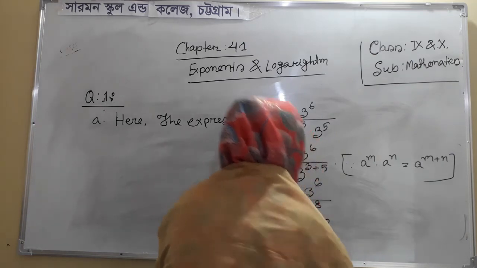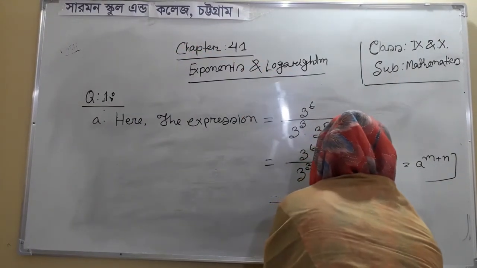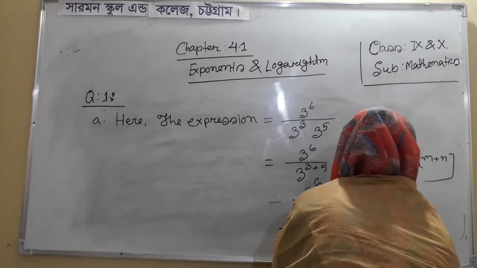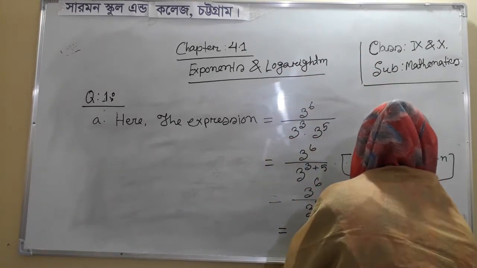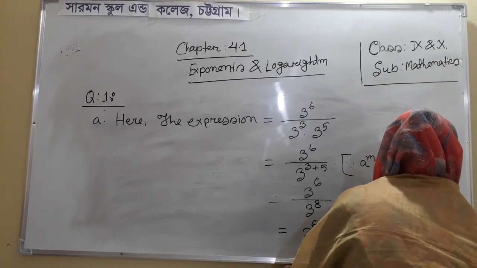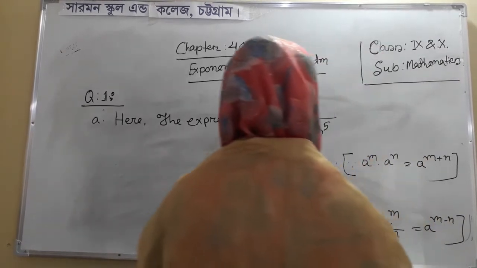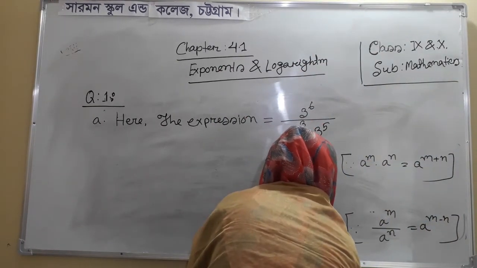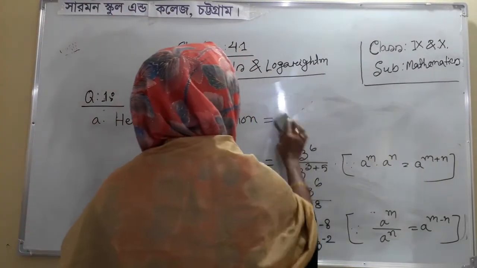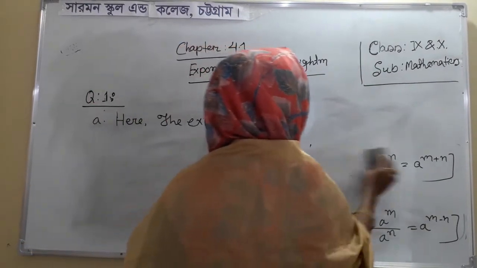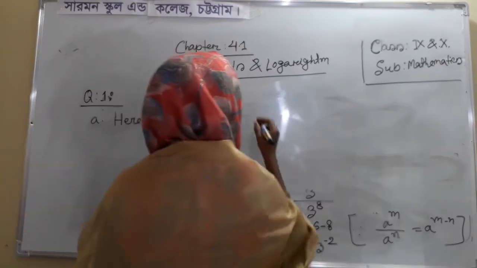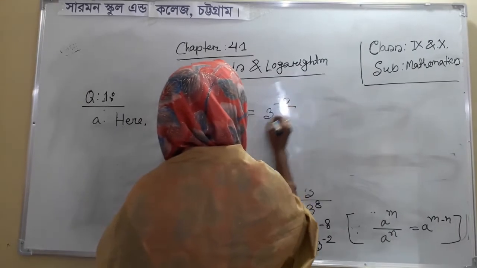Now again we apply the formula a to the power m divided by a to the power n equals a to the power m minus n. Now 3 to the power minus 2.